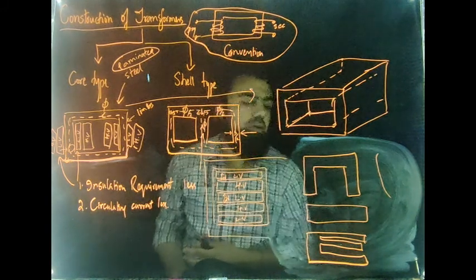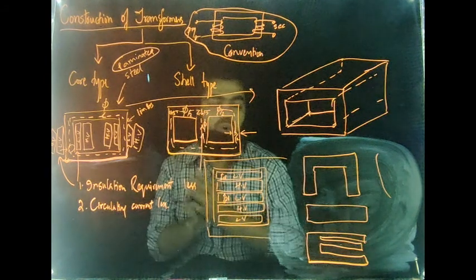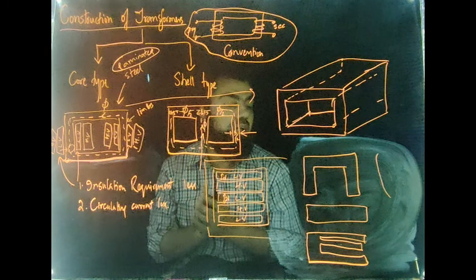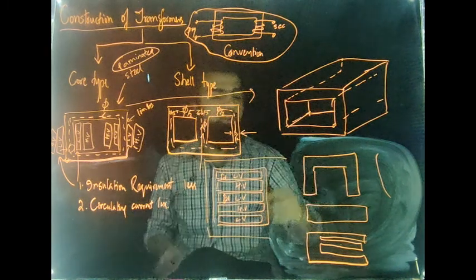Now, why do we use laminations? Why do we not use a solid block of steel? Why do we go for these sheets and stack them upon each other?